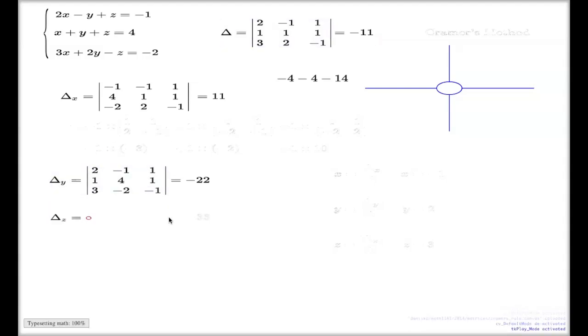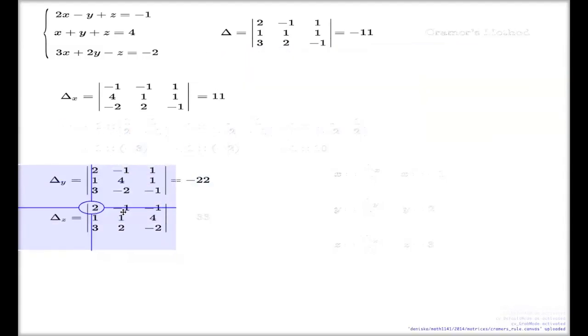Final one, delta z. Well, because we just went so far computing this, I'll finish this computation as well, just to show you that sometimes I finish things. So this is my delta z. Again, I will use the first row. I'm very consistent this time. If I use the first row here, 2, and here's my minor.